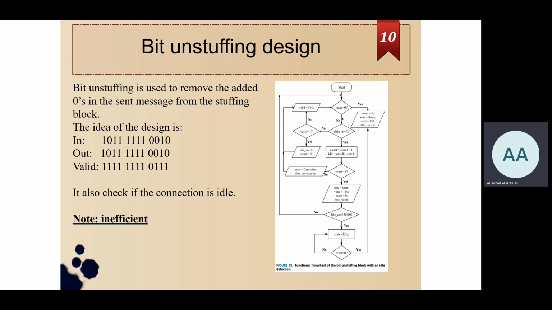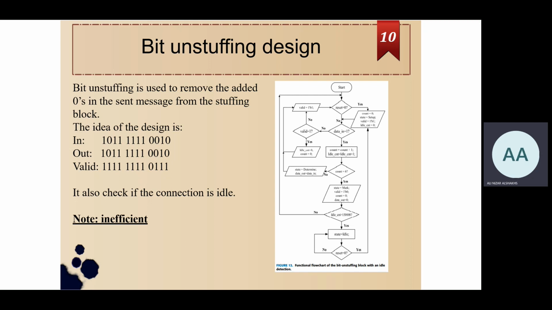Here is the bit unstuffing design. The idea here is, if we received 6 ones, then we know that the 0 after these 6 ones was inserted by the bit stuffing algorithm. So we just need to let the other modules in this system know that this 0 is invalid.